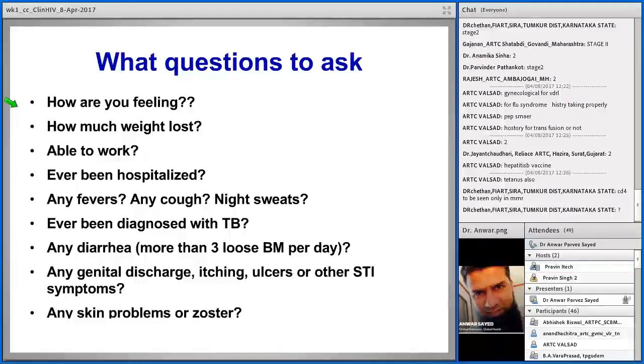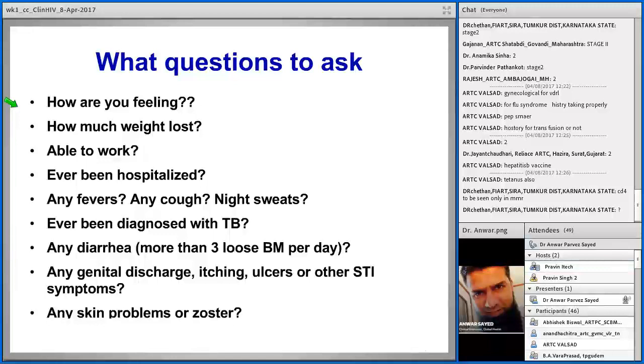This will tell you about the mobility of the patient, and the seriousness of physical inability to work can be recorded from this question. Have you ever been hospitalized? Again, this question will help you to get more history. If you ask open-ended, general questions, they will give general answers. If you are specific, they can give you more information about their diseases.